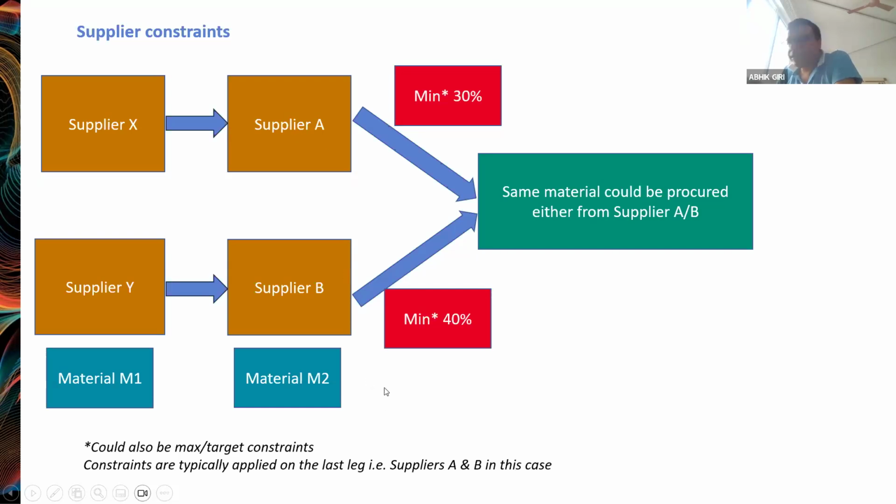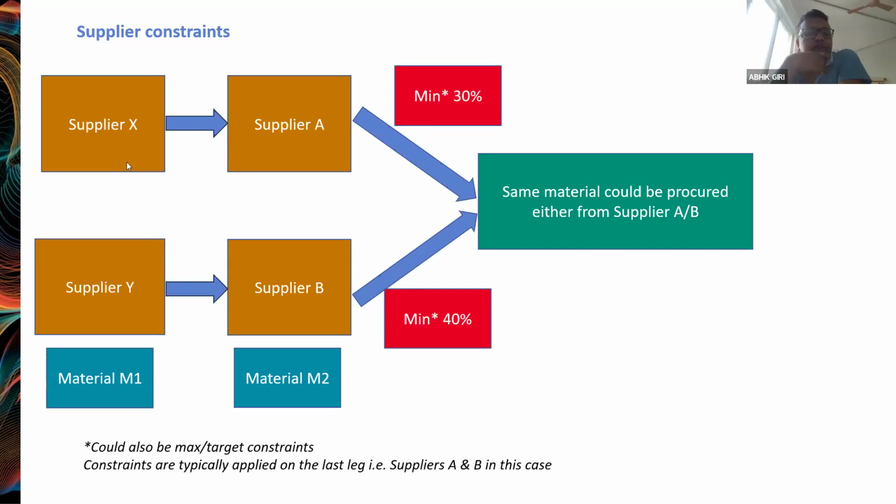So let's say I'm talking about Intel, and Intel is buying from supplier A and B. Does Intel need to bother about supplier X and Y? Anyone? Okay, it does not.